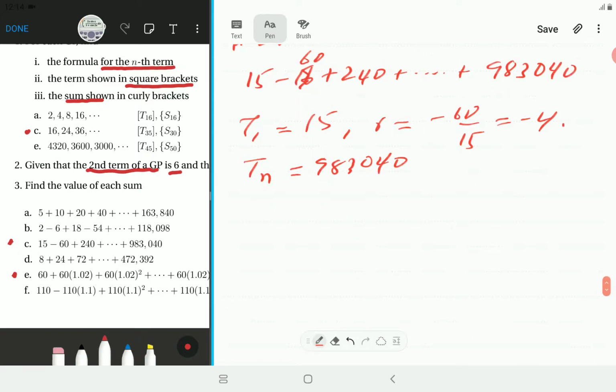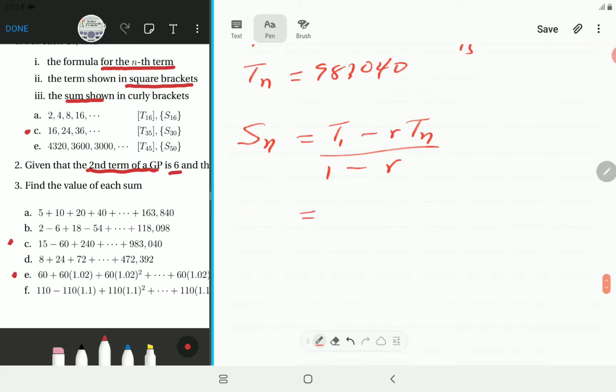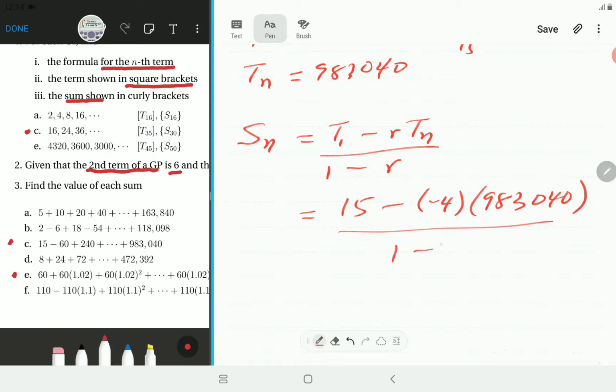So Sn, we are simply going to plug this into this formula. There is no need for n there. So T1 is 15, R is -4, Tn is 983,040, 1 minus -4 there, and then we simply punch this in the calculator.